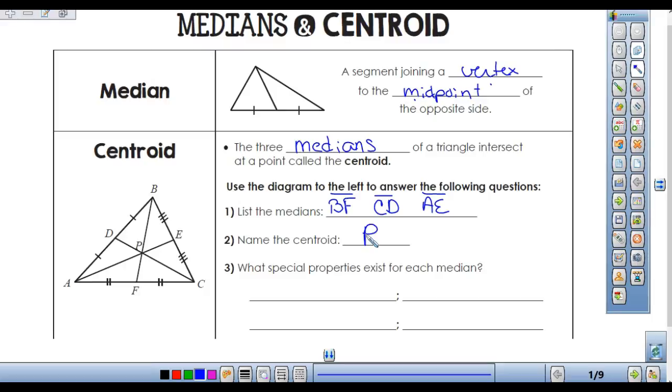A few special properties of this. I'm going to use this line right here, that tells us our properties. AP is going to be twice as long as PE. If I flip that around, PE is going to be half as long as AP.